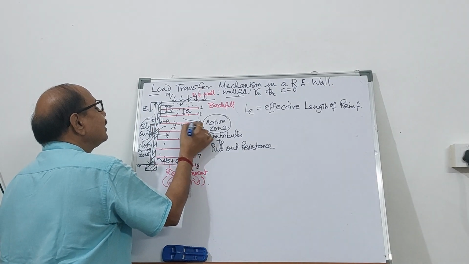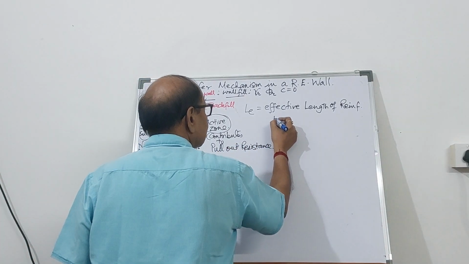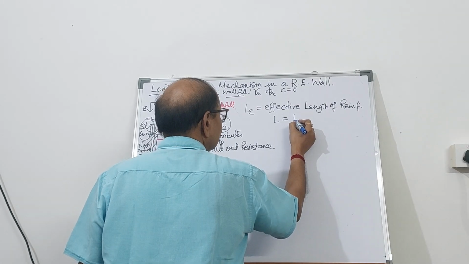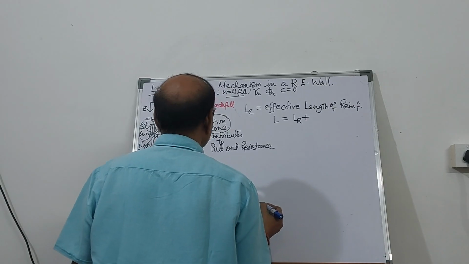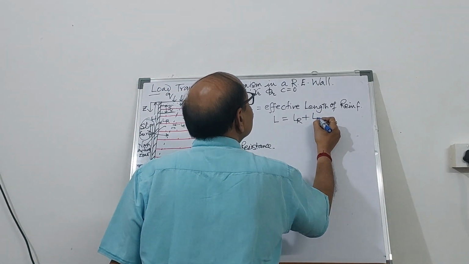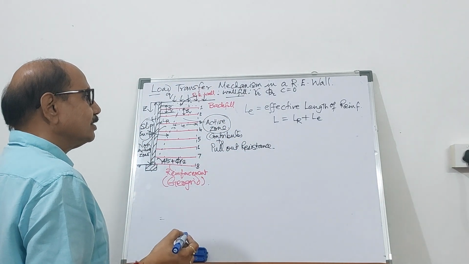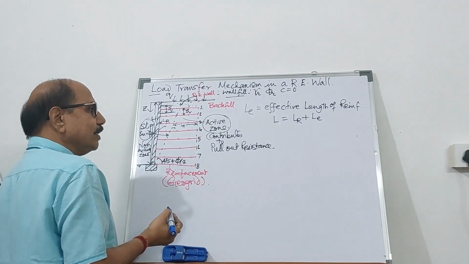So this is LR and this is LE. So the total length of the reinforcement becomes the length in the non-active zone, that is LR, plus the length in the active zone, that is L effective. So that is the total length of the reinforcement.